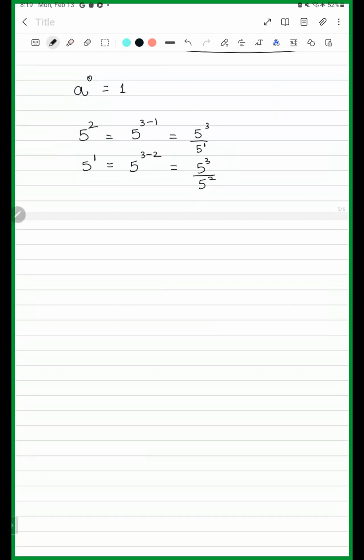But why do we have to subtract it? I am showing you how anything to the power 0 gives you 1. So if you have 5 to the power 0, this is 5 to the power 1 minus 1, right? And that means 5 to the power 1 divided by 5 to the power 1, right? But why are we dividing it? बच्चा, अभी क्या देखा था हमने?